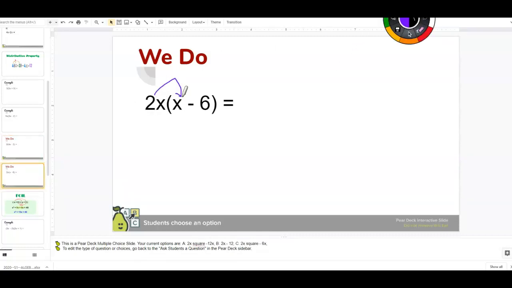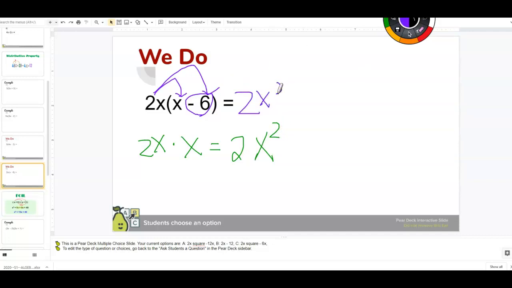2x times everyone inside of the parentheses. Be careful, the second number is -6. So first arrow, 2x times x. Number part is just 2. X part is x times x, which gives you x squared. So it's 2x squared.